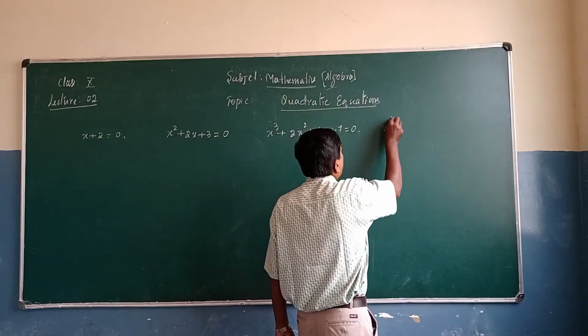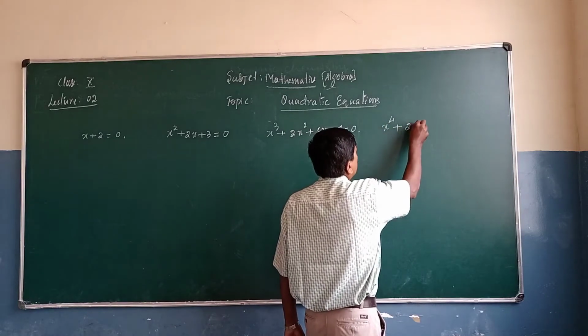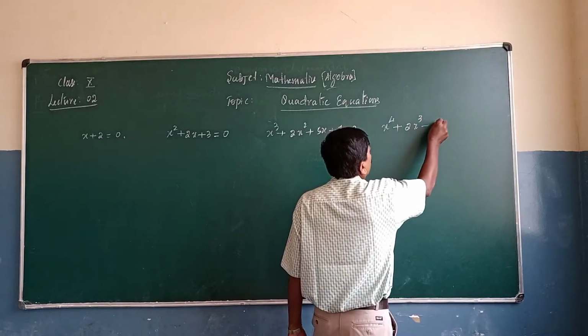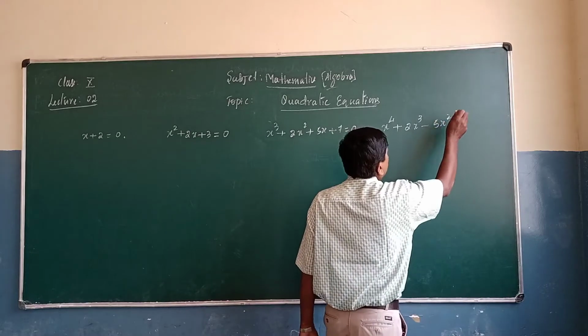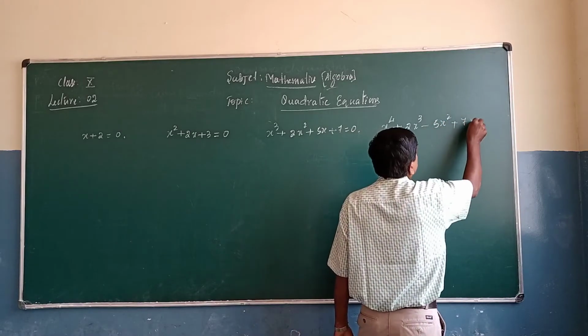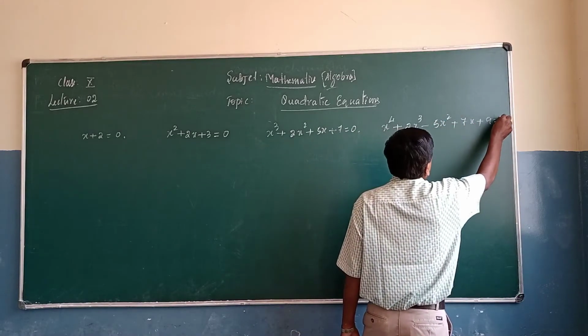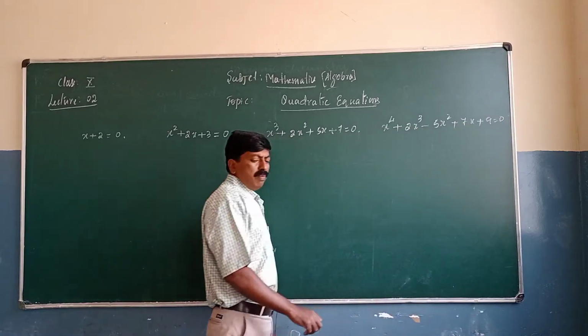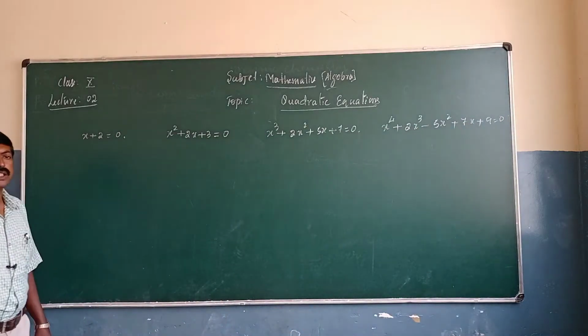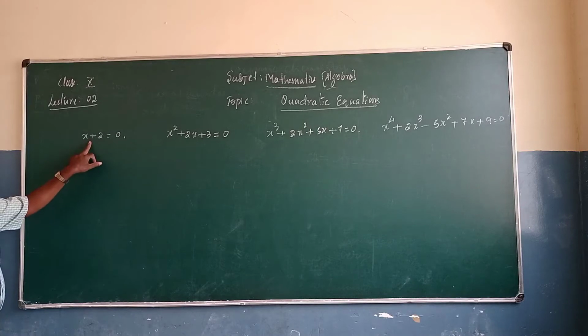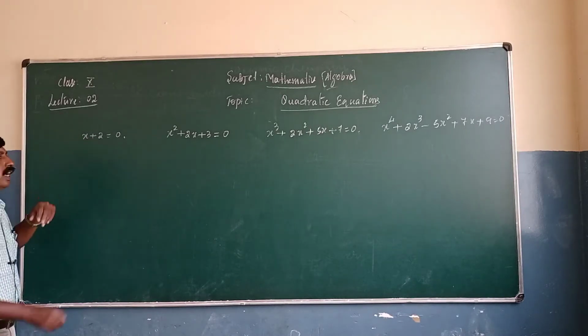Now x to the power of 4 plus 2x to the power of 3 minus 5x square plus 7x plus 9 is equal to 0. Now observe these four examples. What is the highest power of the variable x?